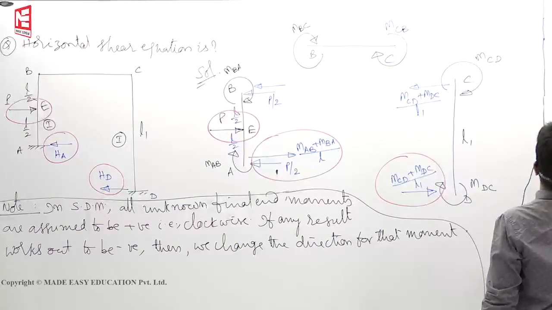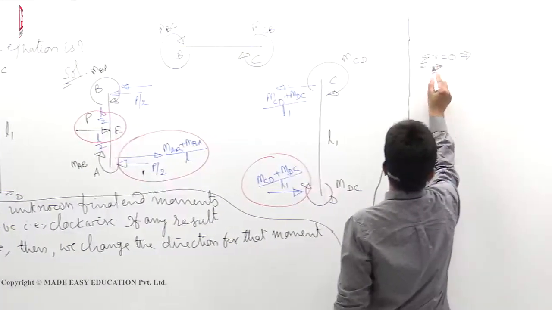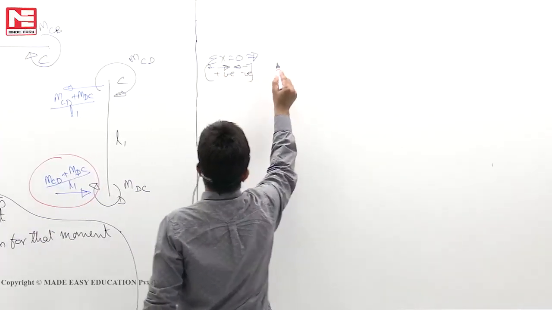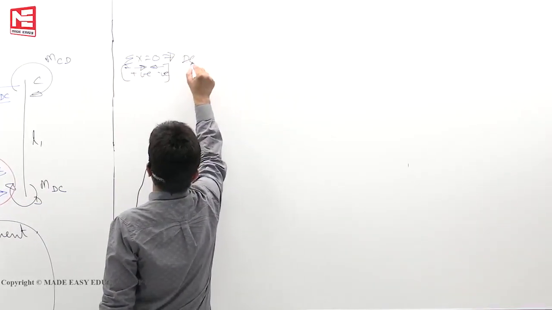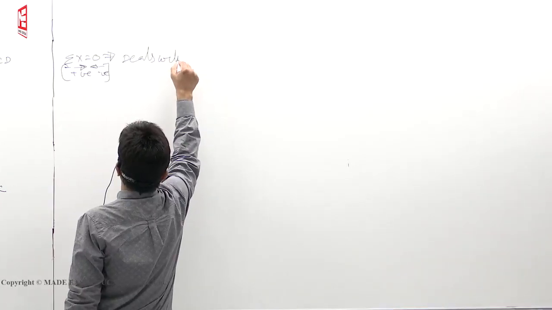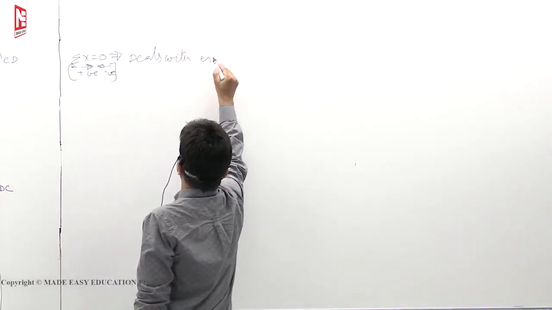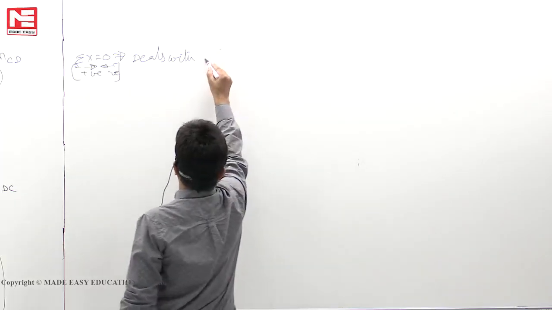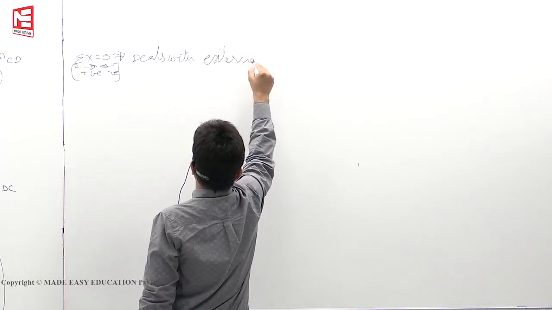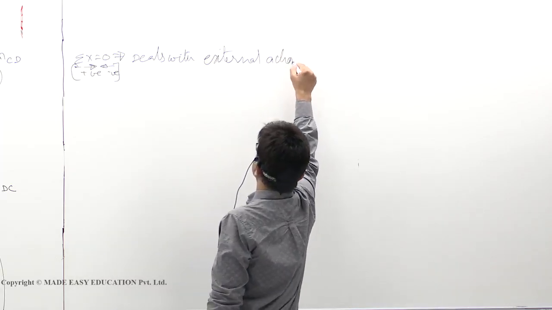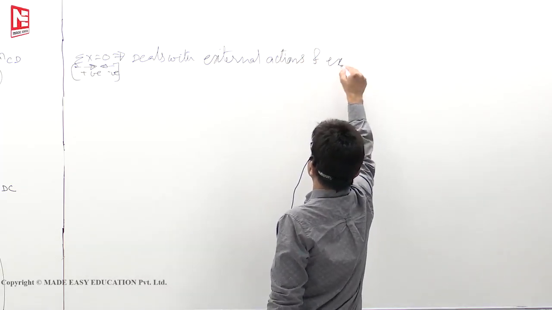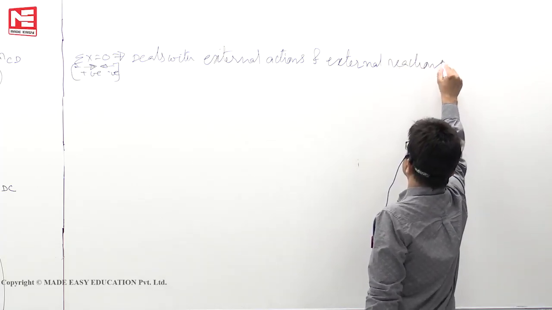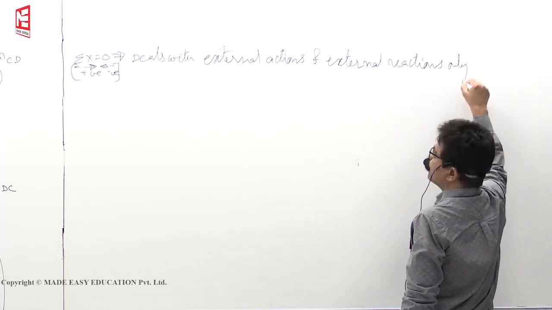Sigma x is equal to 0. Right side positive, left side negative. Deals with only external actions and external reactions only.